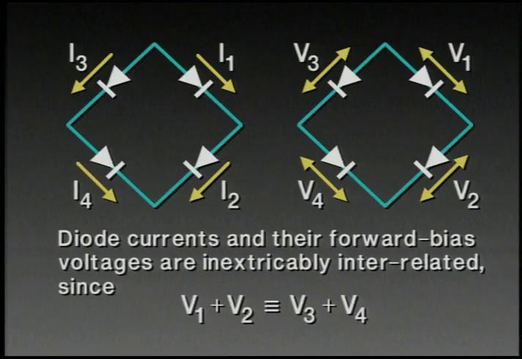The voltages associated with each of the currents are related by the junction equation, which we've seen already. And furthermore, the voltages around any closed loop must, of course, sum to 0. So we have 2 little things to work with. We have the summation of voltages being 0 and the individual value of the forward currents.